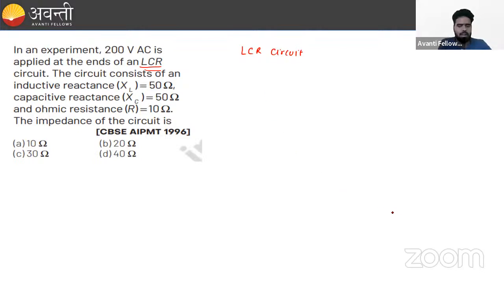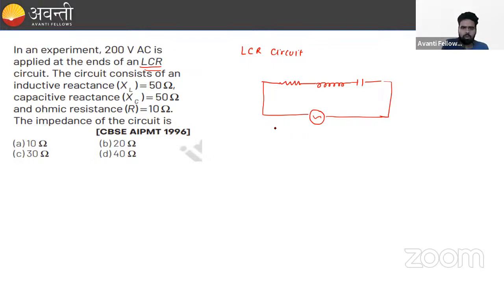What is given here, guys? It is given that the voltage is 200 volt. If we represent the circuit, this is our resistance, this is our inductor, and this is our capacitor, right? All three elements are connected with the AC source, so we can represent our diagram in this manner.